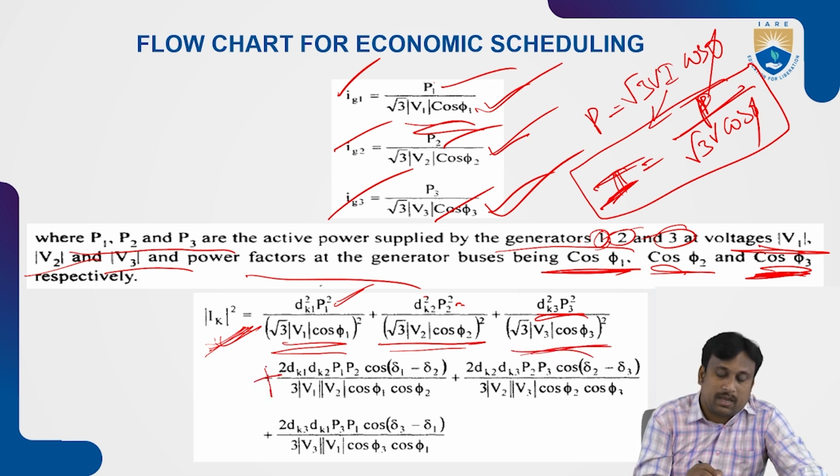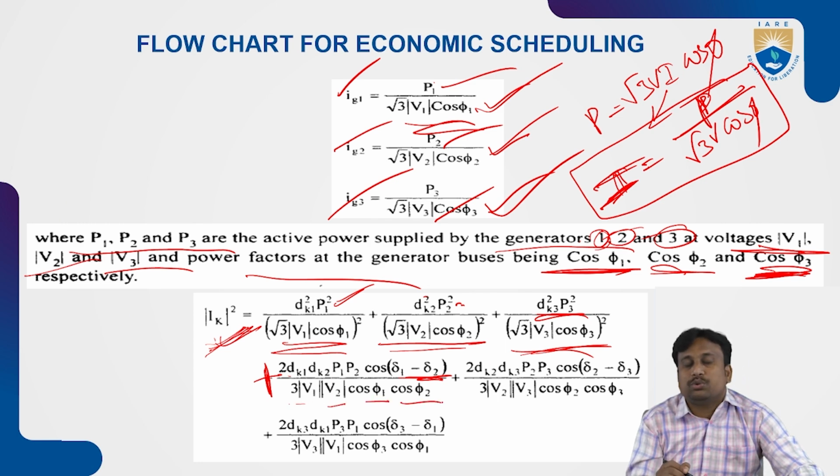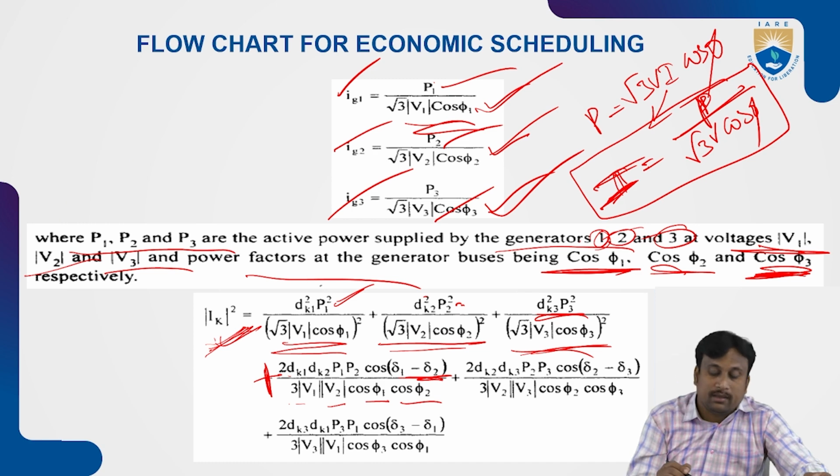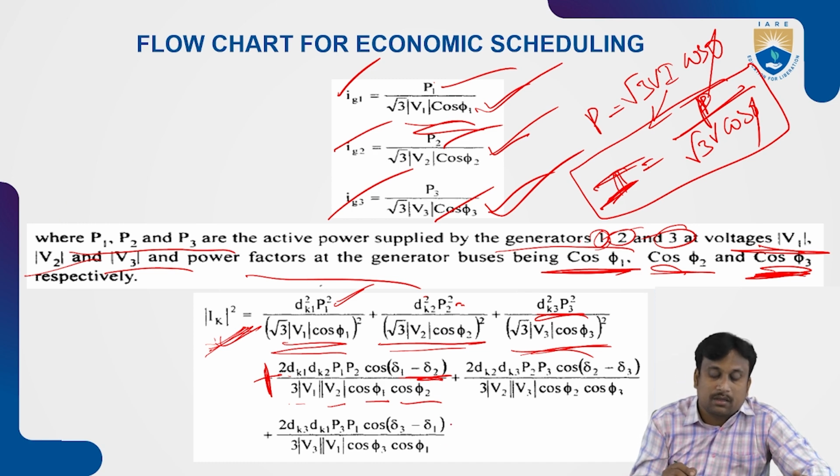And again it will be added to 2 dk1 dk2 P1 P2 cos(delta 1 minus delta 2) by 3 V1 V2 cos phi 1 cos phi 2. So two variables are joined together here for expressing the Ik value as a square term.